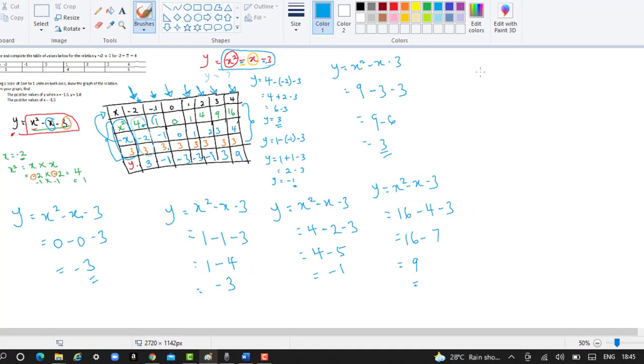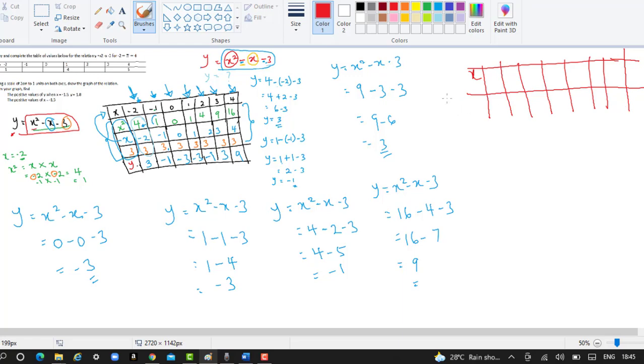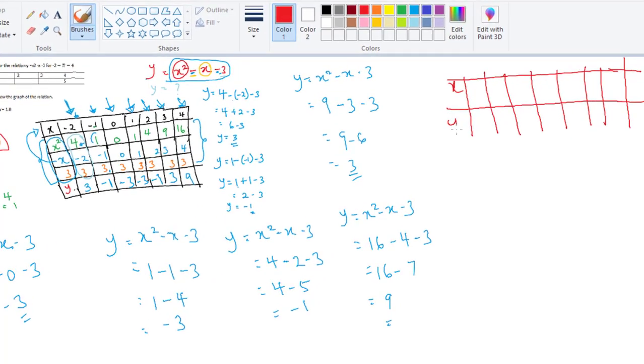So finally, our x values here and our y values.